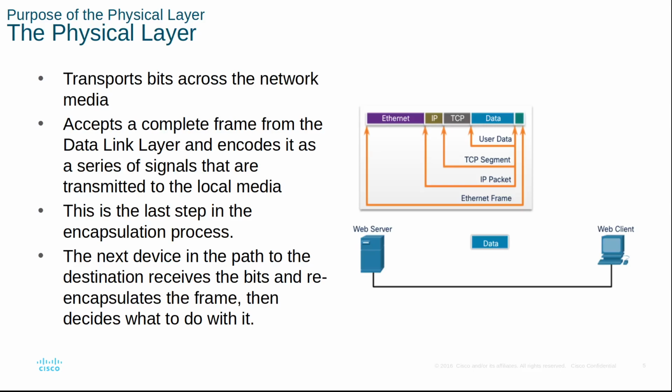It's sending some representation of binary that the device at the other end can reinterpret and put back together. It's the very last step in encapsulation, which we talked about encapsulation and decapsulation previously, right? And the next device in that path between source and destination will receive the bits and re-encapsulate the frame and then decide where it goes and what to do with it. That makes sense so far.